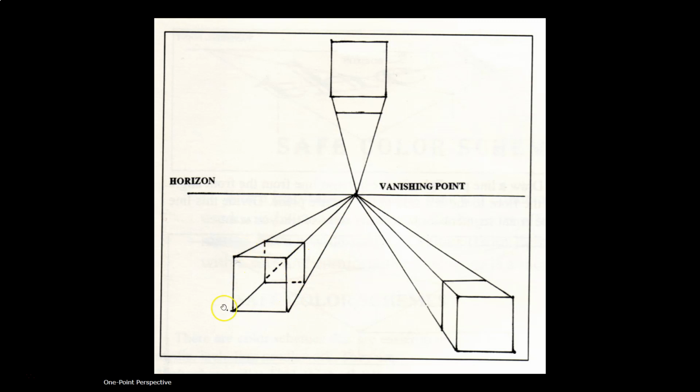When we're looking at boxes, which we have here, boxes have planes. These are the flat parts. They have edges and they have corners. In 1 point perspective, you have one plane facing you, so you have a facing plane, and that means you'll get an up and down, a vertical, and a side to side edge, and then you'll have one edge that's receding, and that edge always connects to the vanishing point.